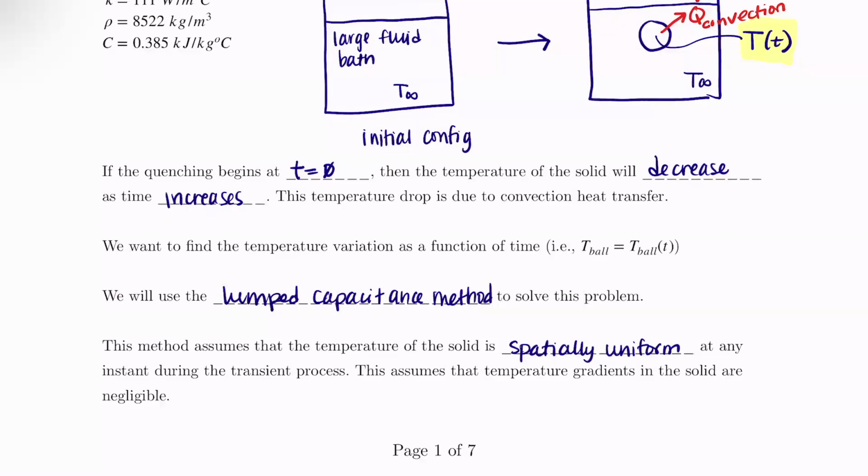It also assumes that temperature gradients in the sphere are negligible. So temperature gradients are like this: the change in temperature versus x, the change in temperature versus y, and the change in temperature versus z. Because our temperature is constant in our body spatially, all of these derivatives would then be 0.